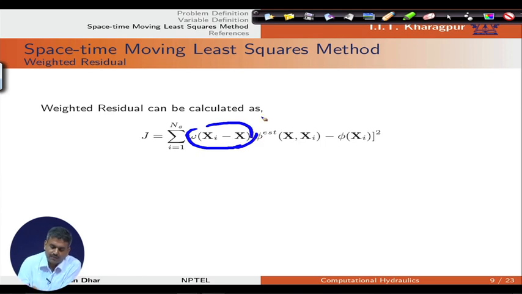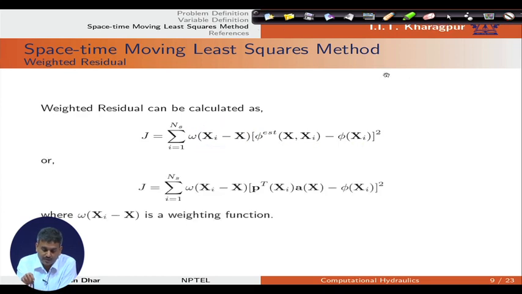So, we have to calculate the estimated value and the actual value at phi. So, we can get the difference from here. So, if we further write it in terms of our polynomial basis, and this is our weighting function.